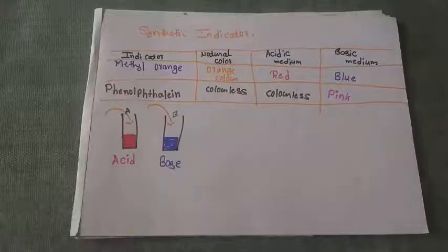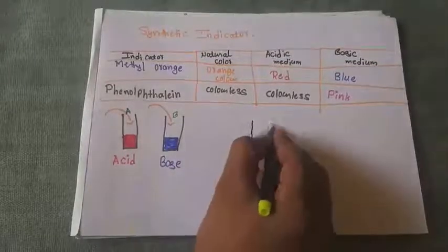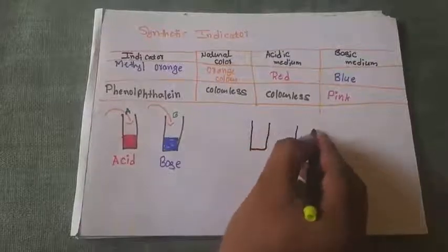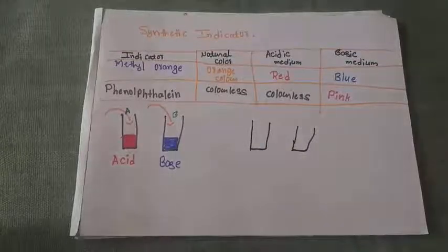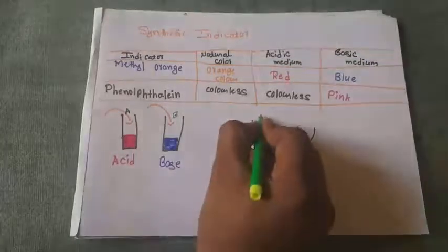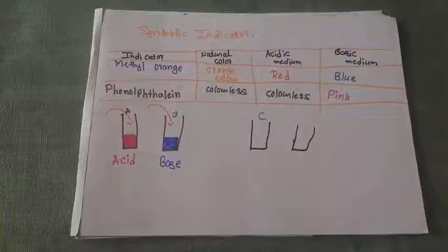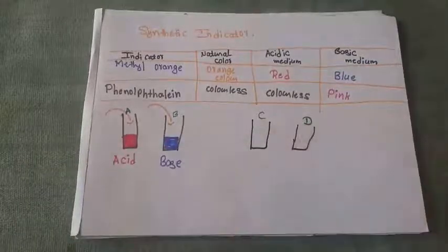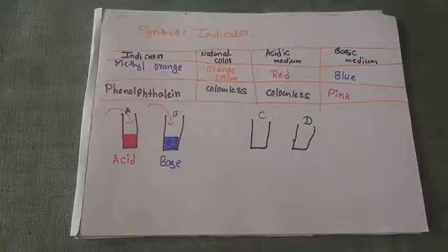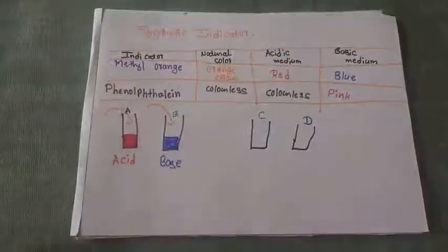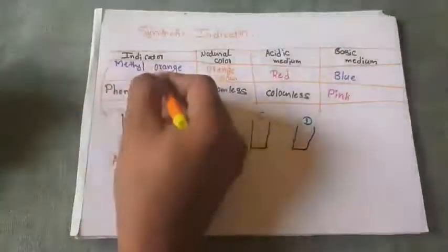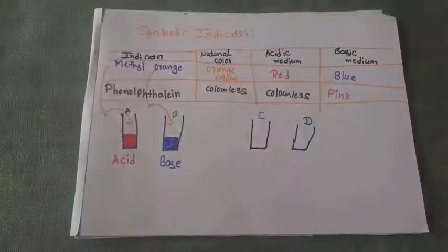Now take again two test tubes and name them test tube C and test tube D. Initially for A and B we added methyl orange, but to test tubes C and D you are adding phenolphthalein.